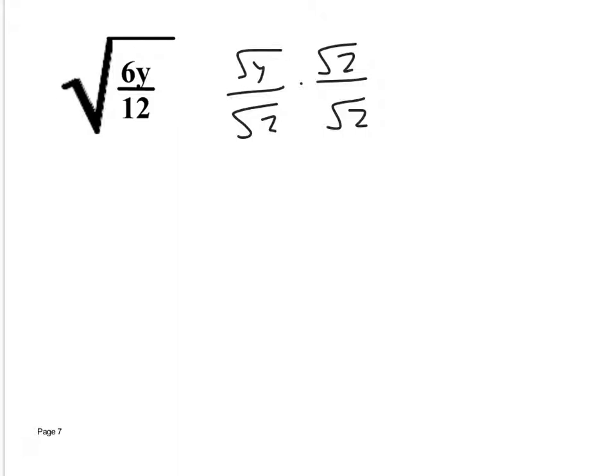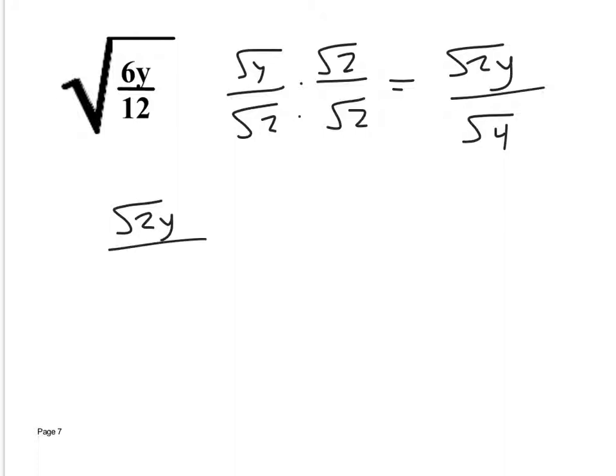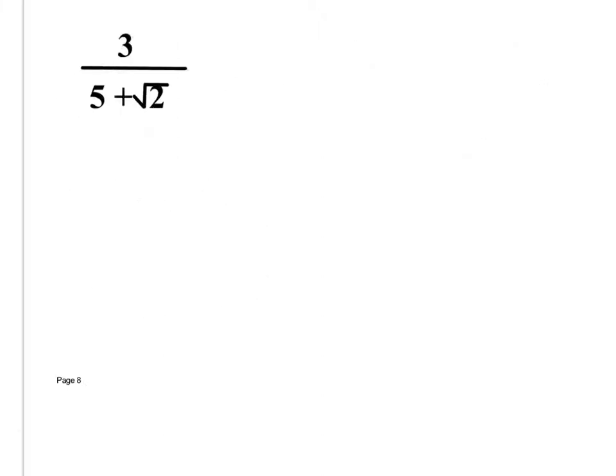So on top, I have square root of 2y. On bottom, the square root of 2 times square root of 2 gives me square root of 4. So I can't do anything with square root of 2y, but the square root of 4 I can simplify to 2. So there's my answer.